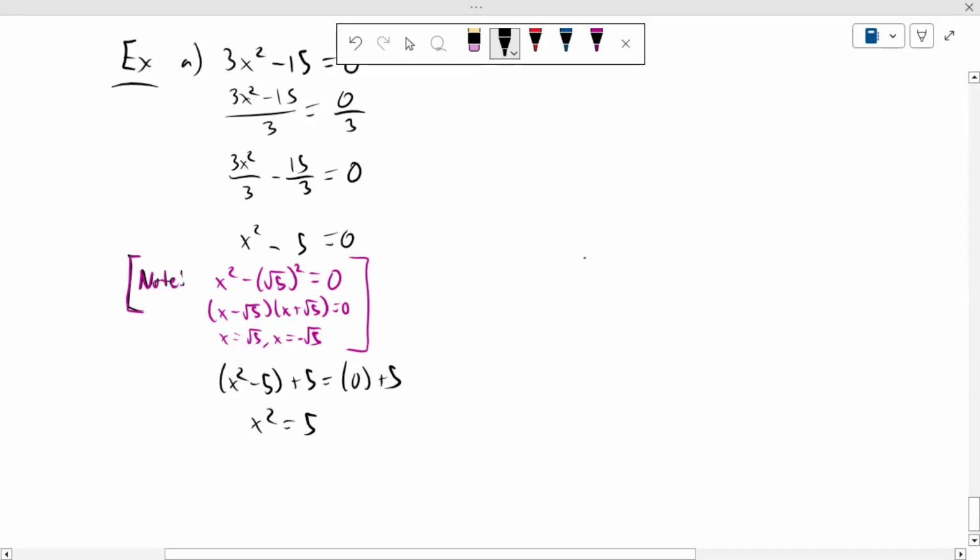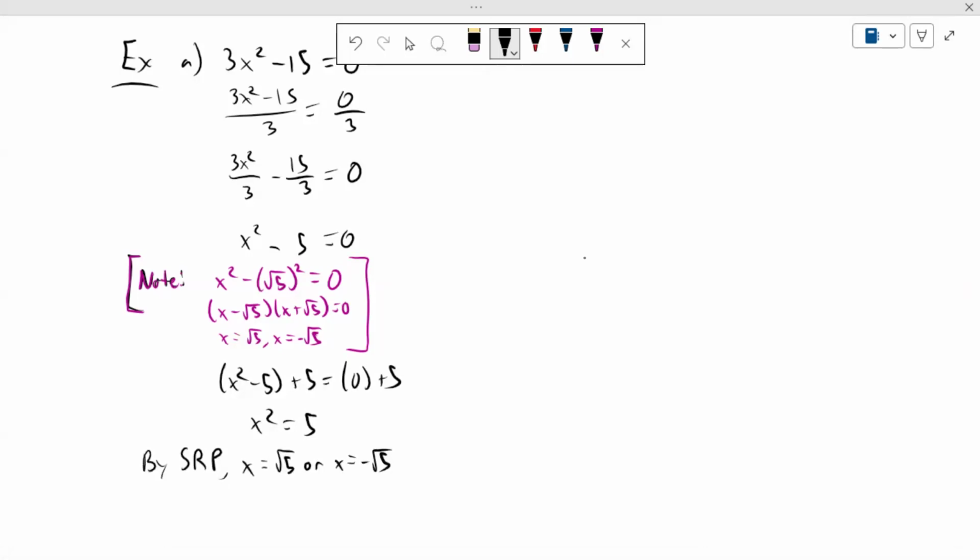I have a quantity squared equal to a non-zero value, so there are two solutions. By square root property, x is equal to square root of 5 or x is equal to negative square root of 5. Those are my two solutions. So my solution set is negative square root of 5, positive square root of 5.